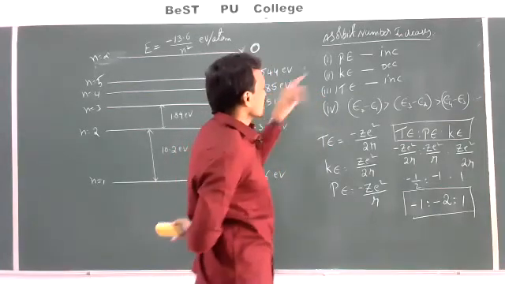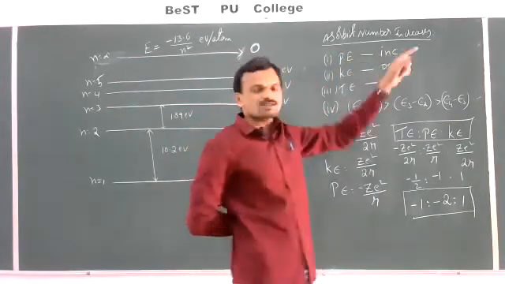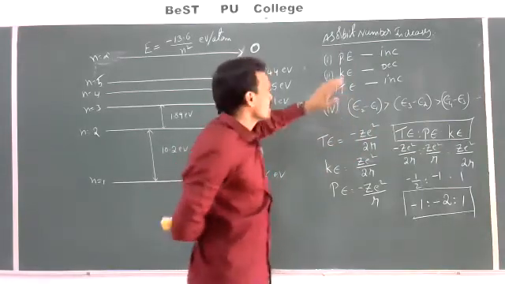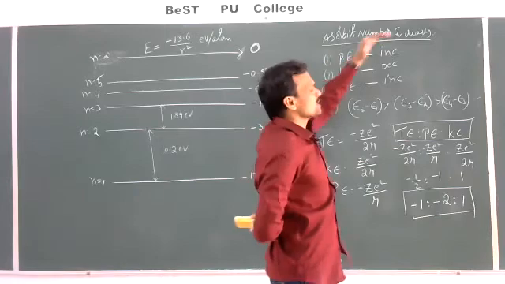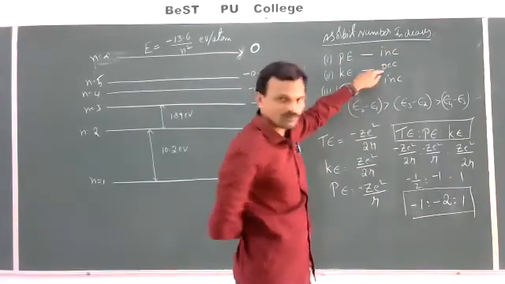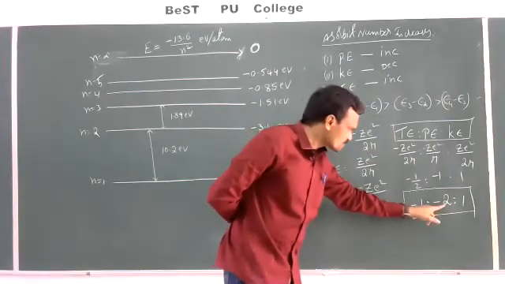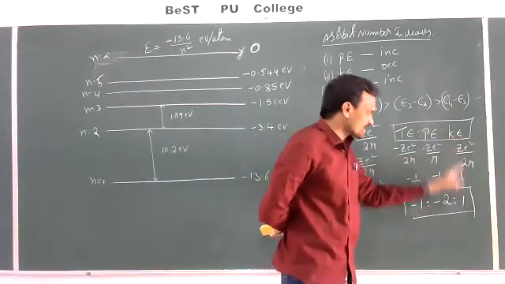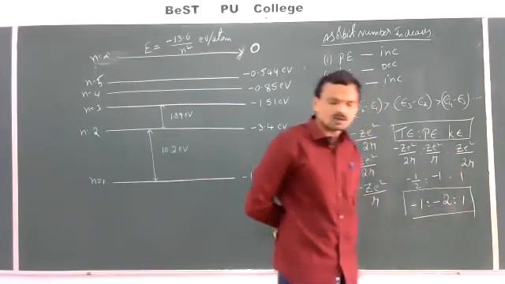Here the increase in potential energy is double the decrease in kinetic energy. If potential energy is changed by 2 units, then kinetic energy is changed by 1 unit.